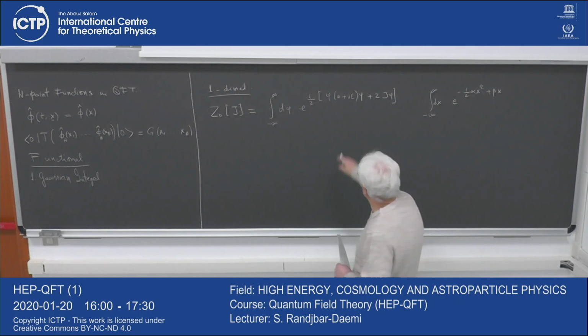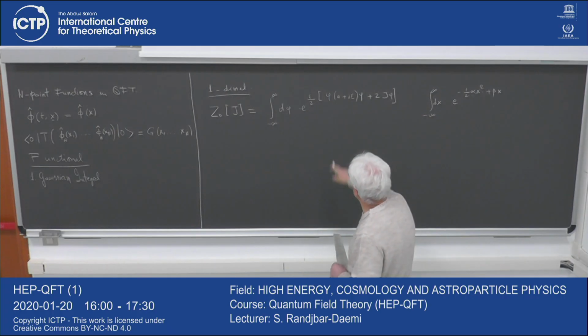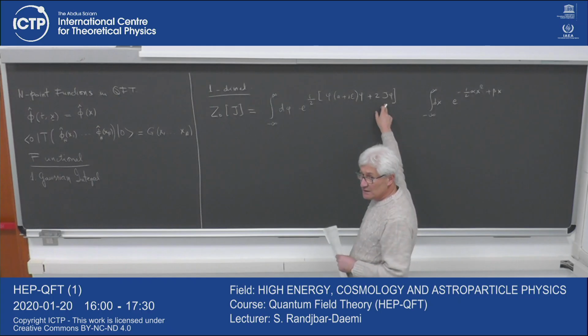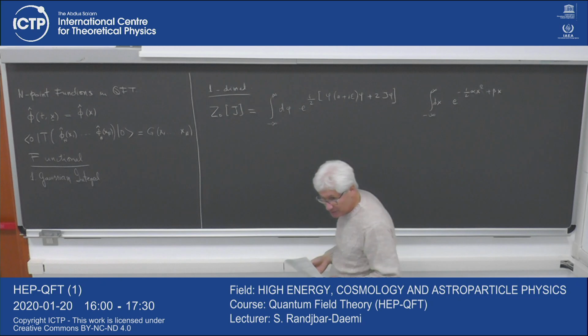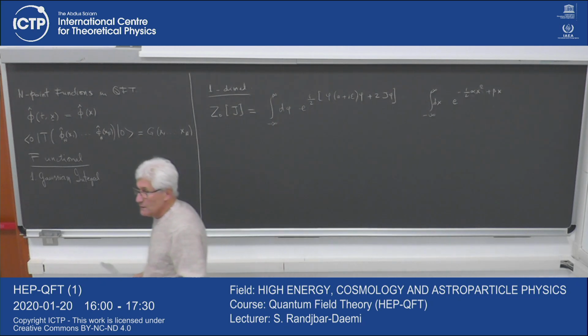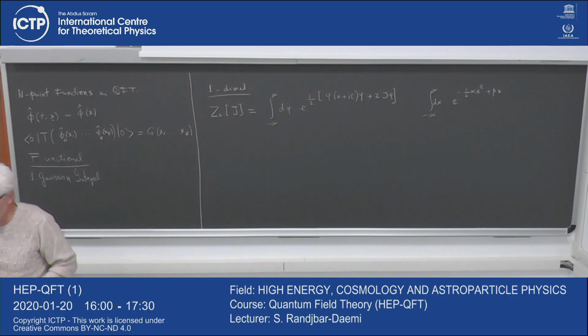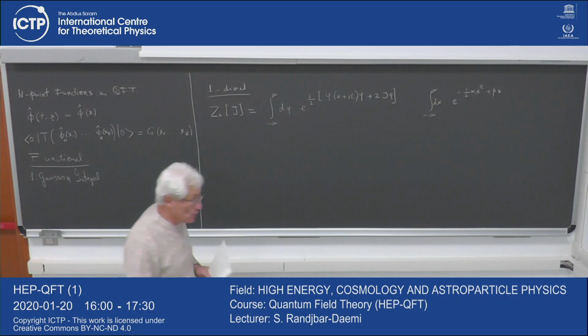Obviously, the result of integration will depend both on A and j, but the part which is of interest for us is the dependence on j, not on A. You will see that the dependence on A will cancel out in the objects that we want to calculate. So the dependence on j is the important part of this integral for what we want to do.